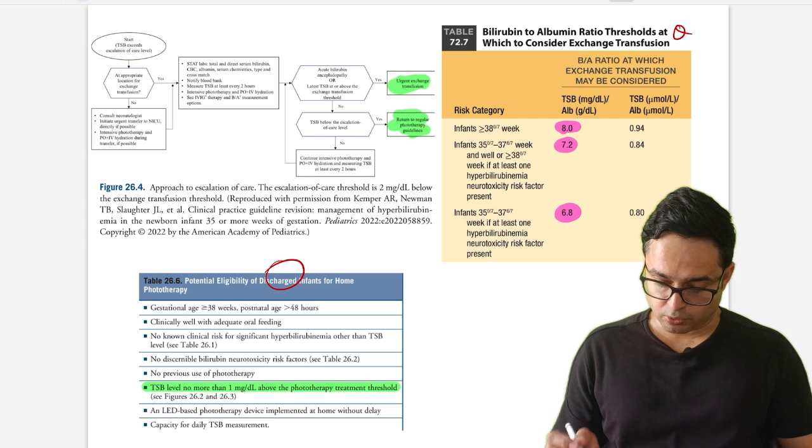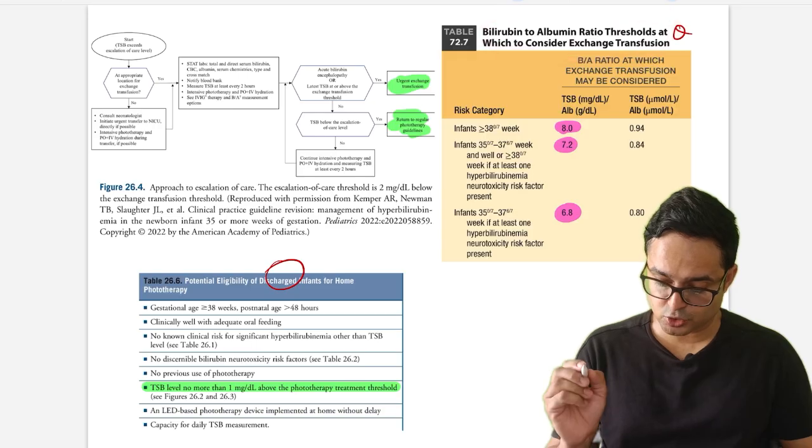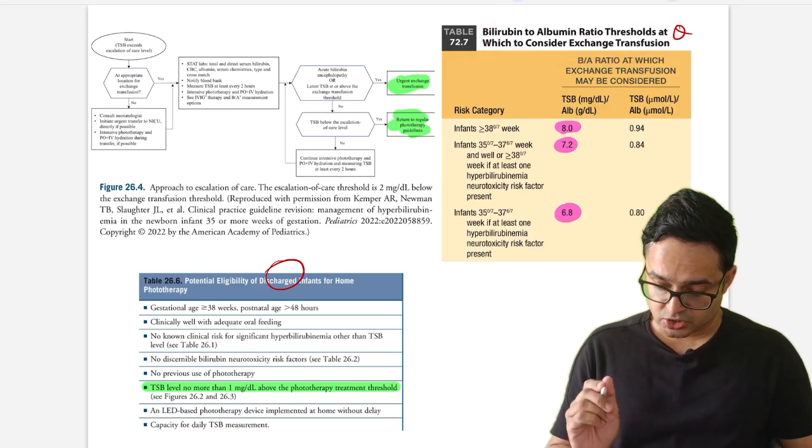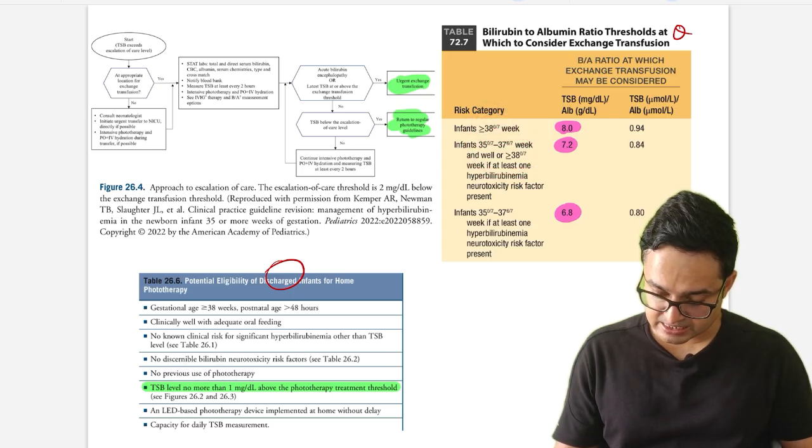Okay, so we have discussed the bilirubin to albumin threshold at which to consider exchange transfusion, very much important. Just remember three categories: infants more than 38 weeks who are well, infants more than 38 weeks with at least one hyperbilirubinemia neurotoxicity risk factor, and infants 35 to 37 weeks with at least one risk factor.